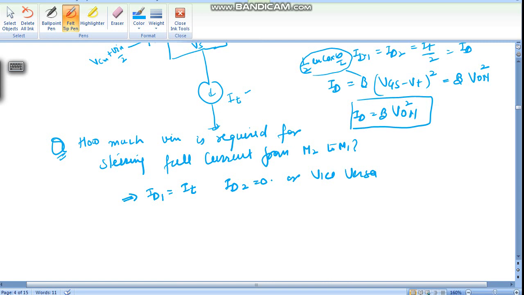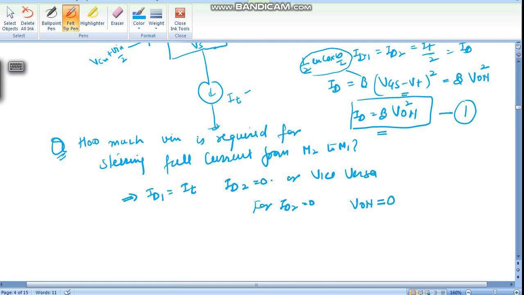Okay, now we know ID equation. This is our first equation. If we want to make ID2 equal to 0, we need to make V on equal to 0. Only in that case ID is 0.